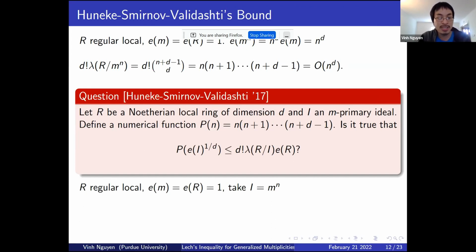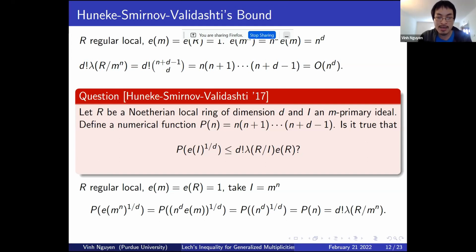And here's just some calculation to show that we get equality. We're going to plug in I equals m to the n. Now the multiplicity of m to the n is equal to n to the d times the multiplicity of m, and because the ring is regular, e of m is 1, so that goes away. We just get n to the d to the 1 over d, which is just n.